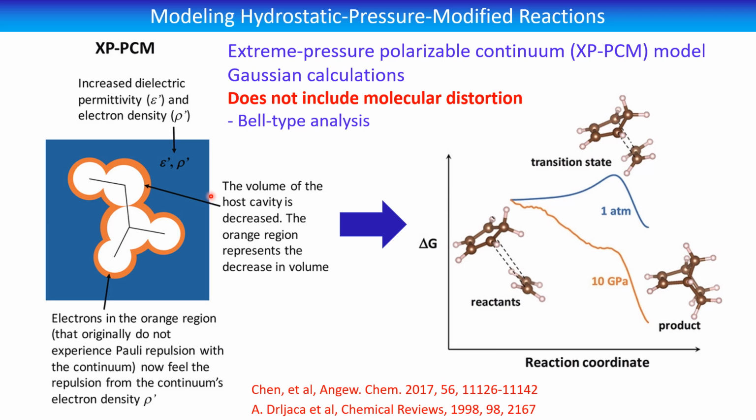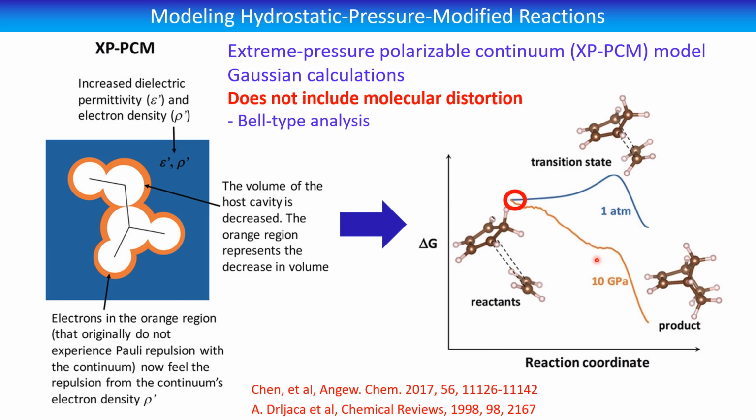And this allows you to calculate an energy profile as a function of pressure, and you can see as the pressure goes to 10 gigapascals, then you get a lowering in the activation barrier that tends to 0.